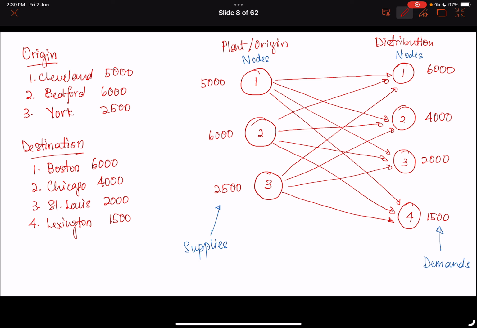Unless your problem tells you that you cannot deliver to a particular area, we will assume that all the goods from the plant can be transported to a distribution center. These lines are what we call the distribution routes.